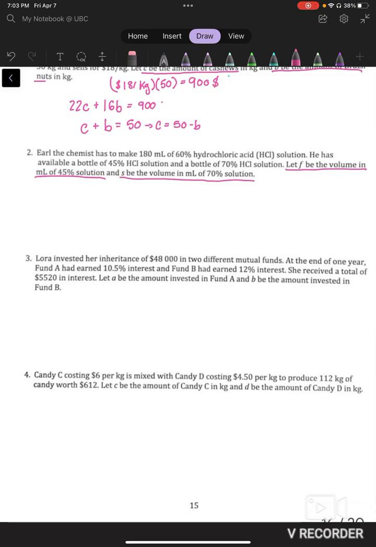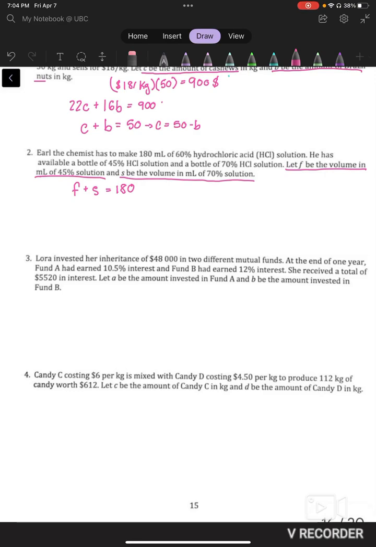So it's asking you how much of each solution do you need to create a 60% solution of hydrochloric acid. So F plus S is going to add up in total to 180. So that's going to be your first equation.